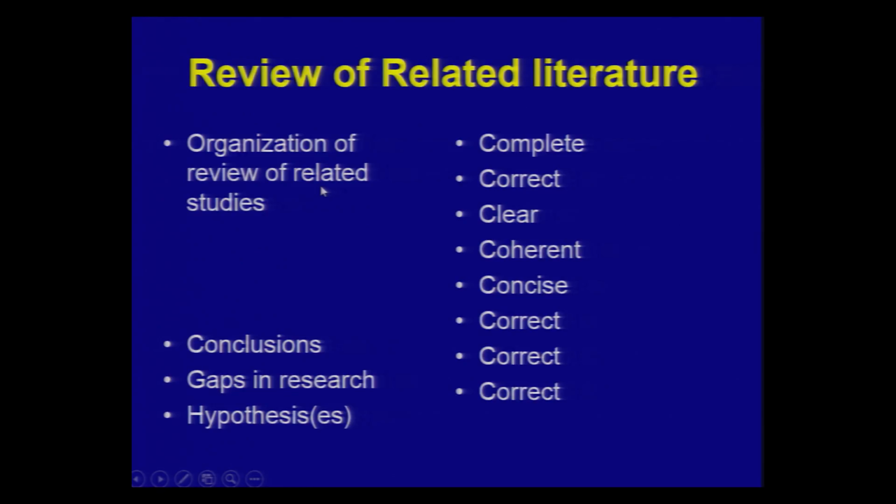So the four things which are important are the organization of review of related literature, the conclusions drawn on the basis of the past research, the gaps in research identified by the researcher, and then the hypotheses which are formulated for the research undertaken.